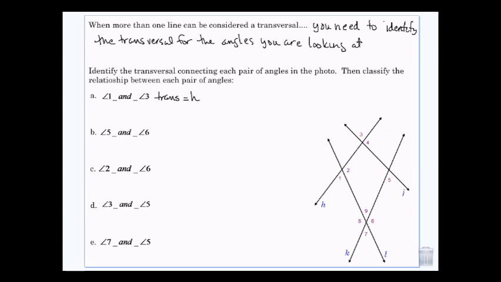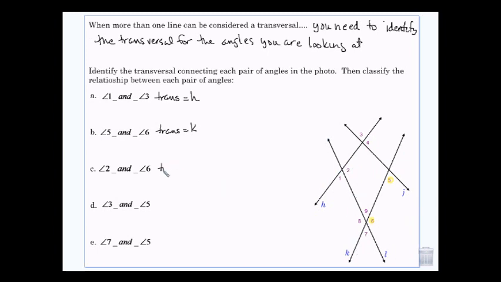If I look at 5 and 6, I have 1, 2, 3 lines. These are the 2 lines. The line that connects those 2 lines is the transversal. So in this case, the transversal is K. 2 and 6, I have 2 lines with a transversal.